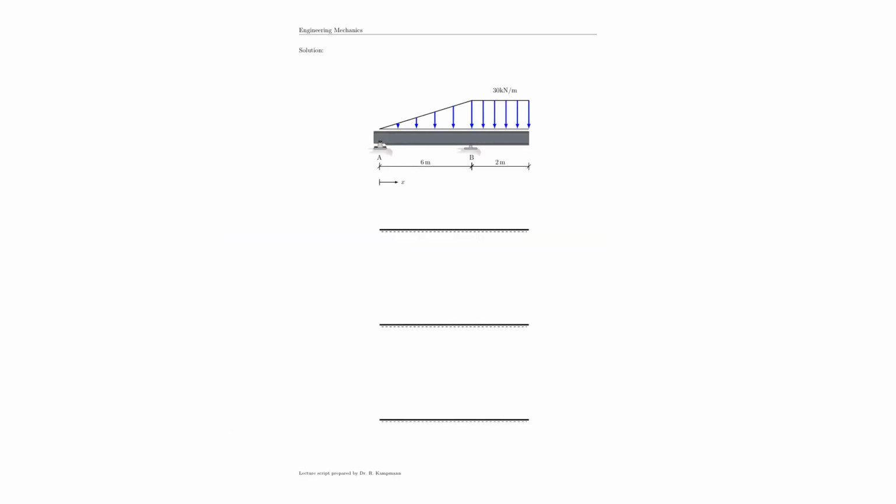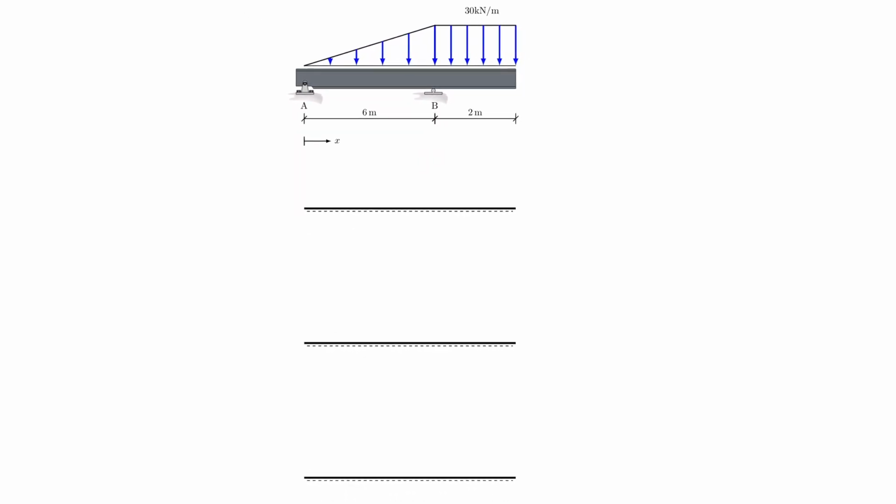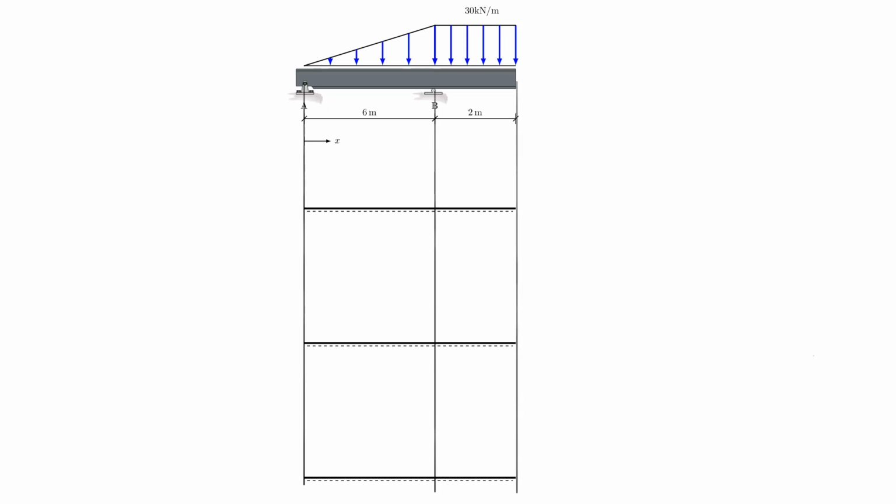All right, so on this page we have to develop our internal force diagrams and list our functions. As always, I start with bringing down my different domains. So let's go ahead and do that for the first domain, which would be from A to B, and then from B to the very end of the beam is where I would have my second domain.